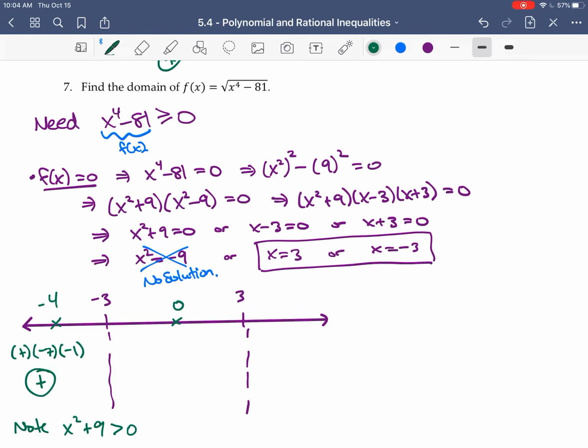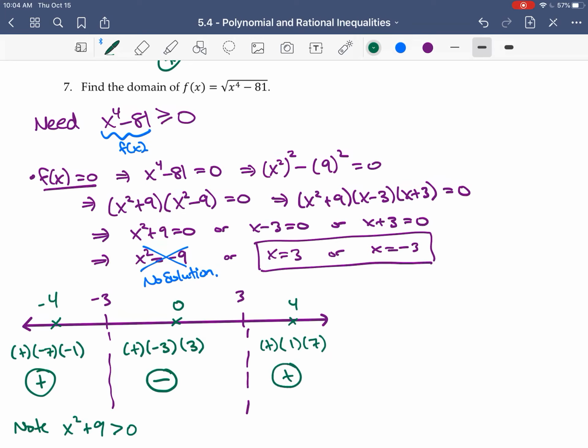In the middle here, I'm going to use 0. Okay, so the first thing's always positive. And then I have 0 minus 3 is negative 3. 0 plus 3 is positive 3. So I have a positive times a negative times a positive. So one negative is going to be negative. If I use positive 4, okay, the first thing, x squared plus 9 is always positive, and then I have a 1 and a 7.